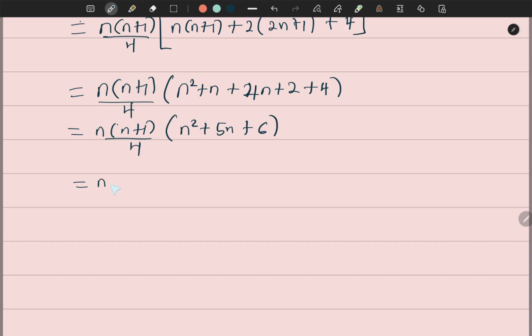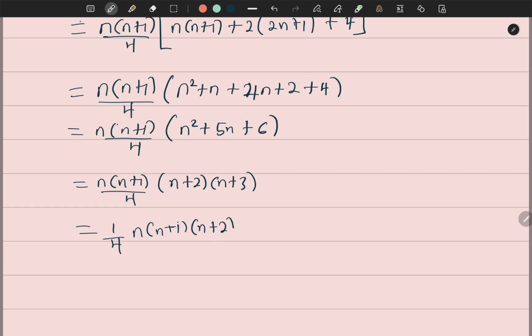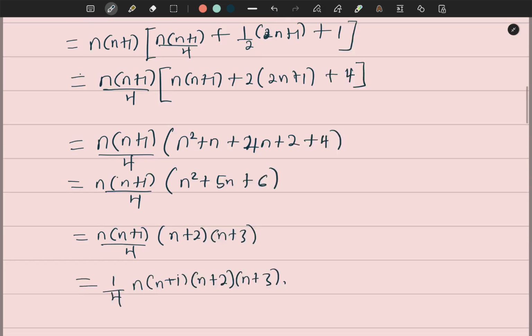So you have n times (n plus 1) over 4, then that will give us (n plus 2)(n plus 3). So in summary, the final answer is 1 over 4 times n, (n plus 1), (n plus 2), and (n plus 3). And that is the solution to the first part of the question.